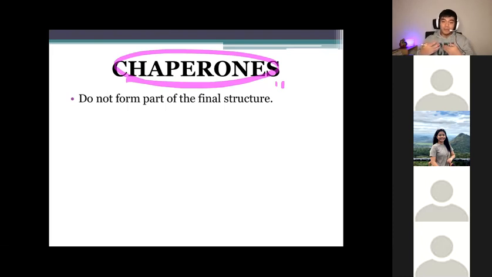Kasi feeling ng chaperones, hindi na siya kailangan. Okay? Kaya nakalagay dyan, do not form part of the final structure ng protein. So walang hugot doon para lang magets nyo. So it only assists during the journey. Pero pag narating ang final destination, feeling niya, hindi na siya kailangan. Yung mga chaperones dyan, mag-isip-isip na kayo ha.